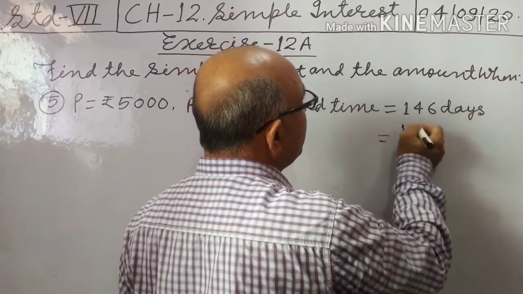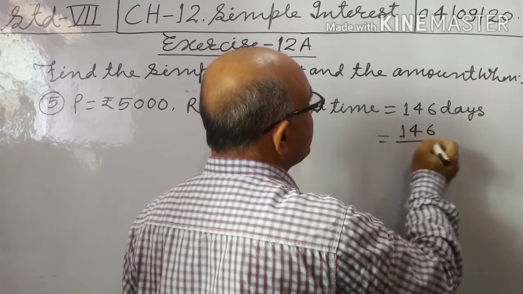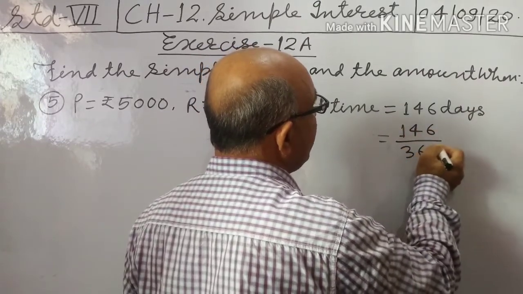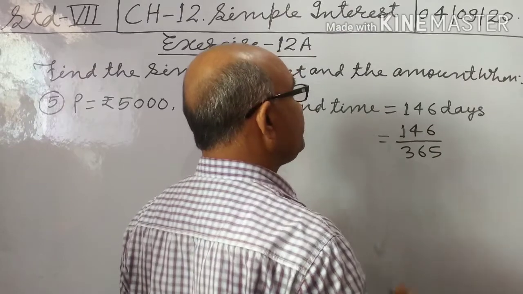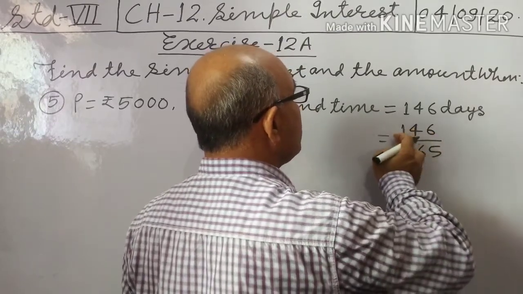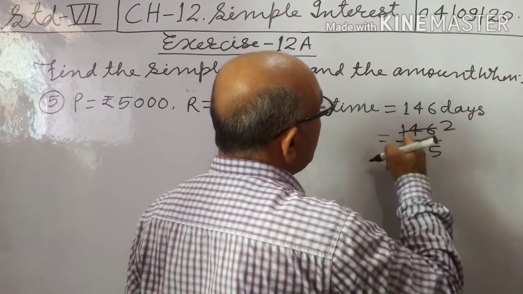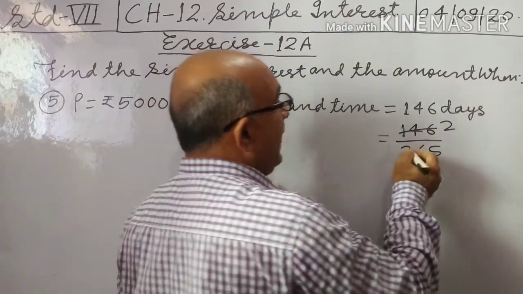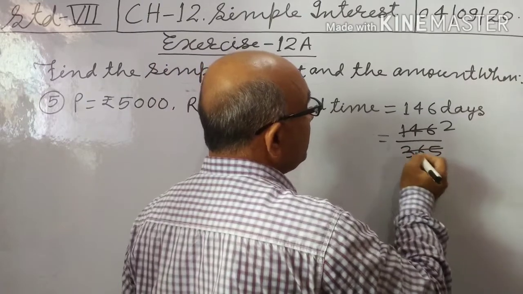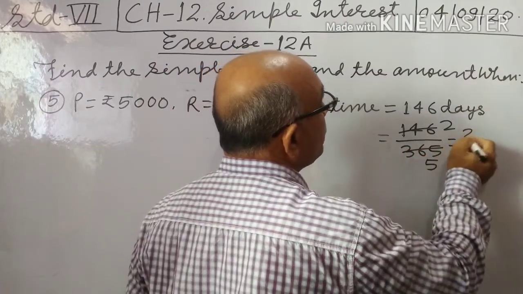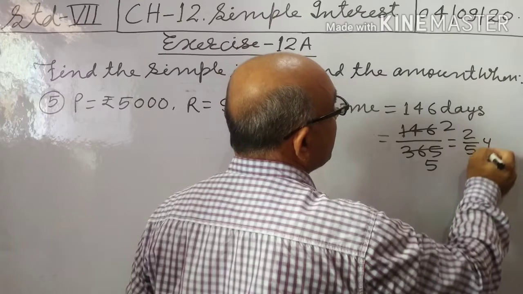So 146 by 365 days. Table of 73. 73 2 ja 146 and 73 5 ja 365. So 2 by 5 years.